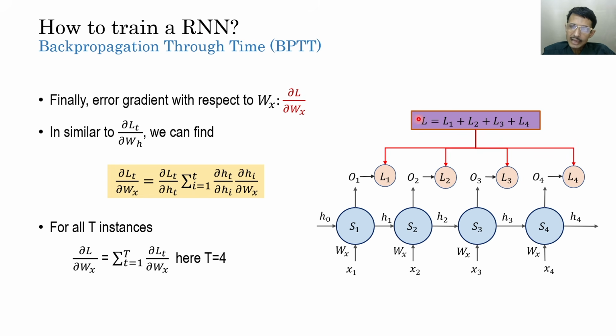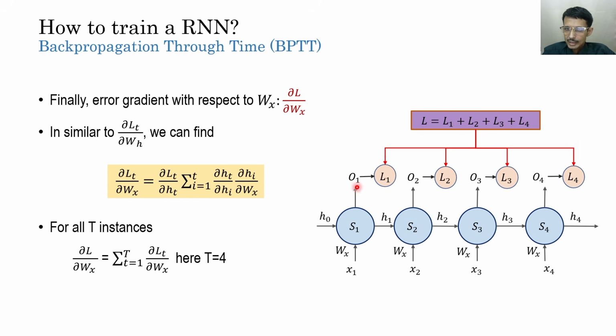One thing we understand here, I just repeat it, is that step S4 is our final step, so only L4 is considered here. In S3, the equations come from L3 and others. S2 gets contributions from L2, L3, L4, and S1 from L1, L2, L3.